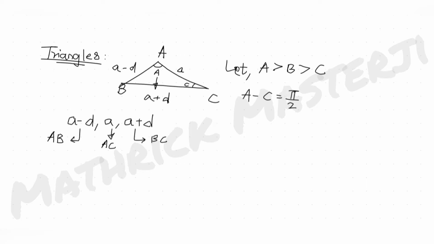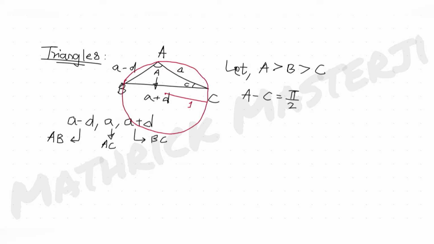Further, the question tells us that the vertices of this triangle lie on a circle whose radius is 1. So all the vertices of the triangle lie on the circle whose radius is given to us, that is 1.